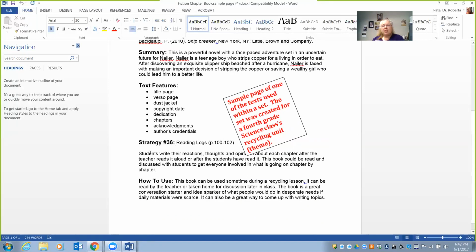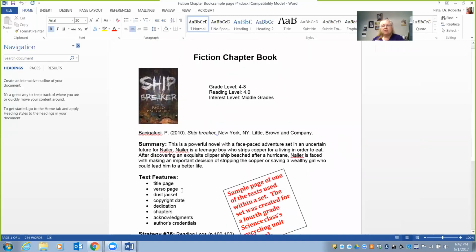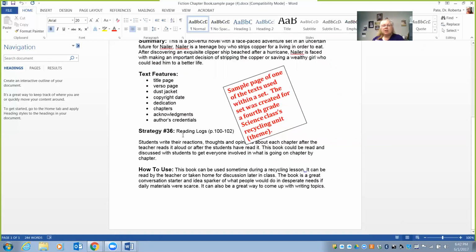And so I'm going to talk about how they're going to do this reading log and then how to use that book. Now this came to be one page. Sometimes, like reading log, some of these strategies, for instance, anticipation guide, come with a blackline master that you want to create. So go ahead and include that. That will be on the second page. Include what that blackline master will look like.